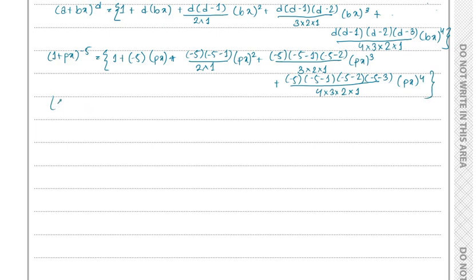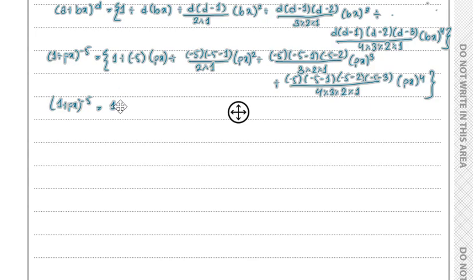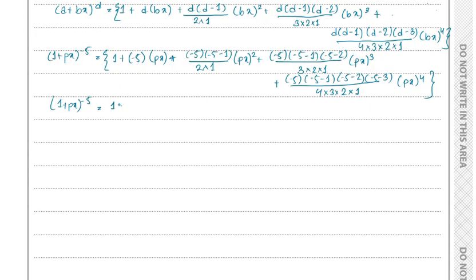So this would be 1 minus 5px, and this would come out to be plus 15p squared x squared. If you just place this in your calculator, then you will get it.